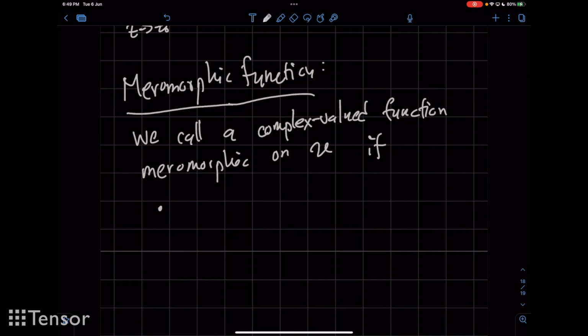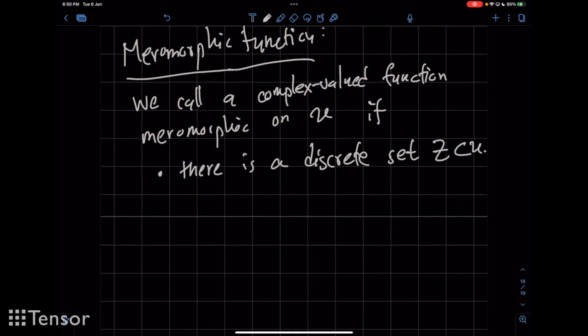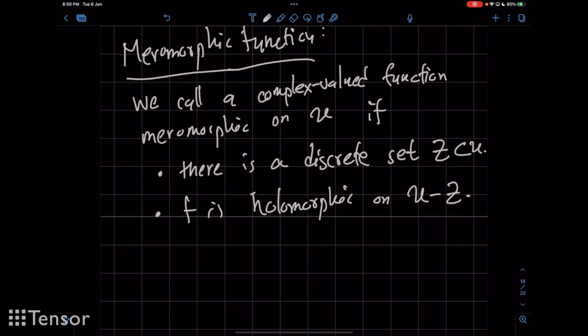That is, there is a discrete set Z in U, and f is holomorphic on U minus Z. Also, f has poles in Z. Discrete here is not discrete in the homological sense.